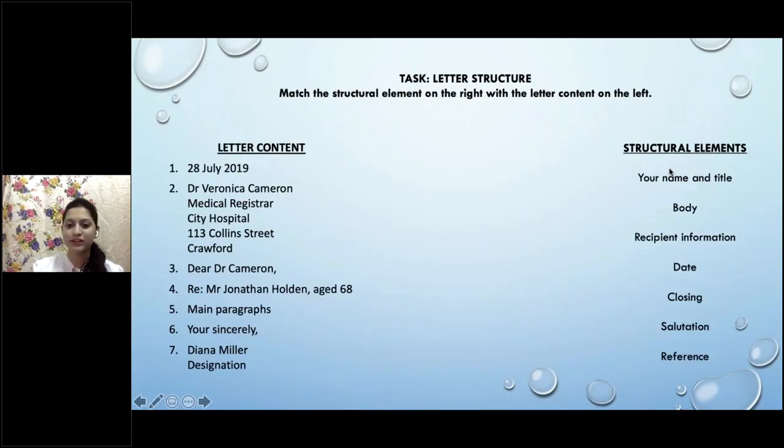So anybody who wants to enter the answers in the chat box? I will answer all your questions at the end of this session, so please stay patient.